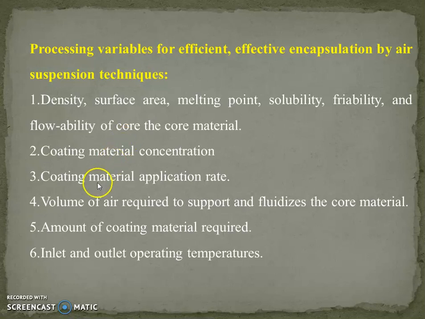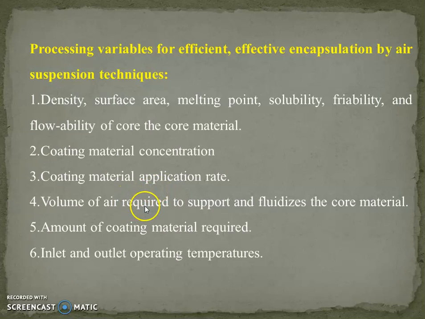Then coating material application rate: at which rate the coating material should be applied over the surface of the core material so that each and every particle can receive a uniform coating on its surface.